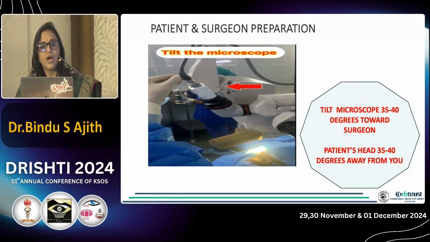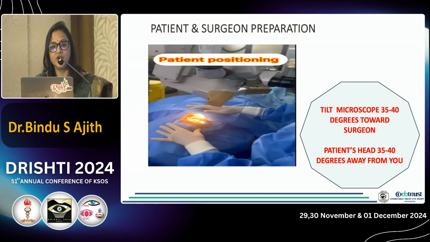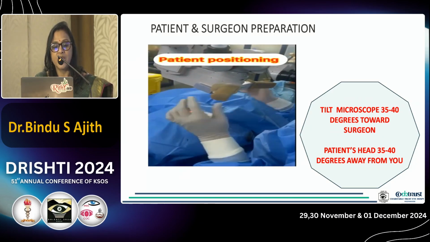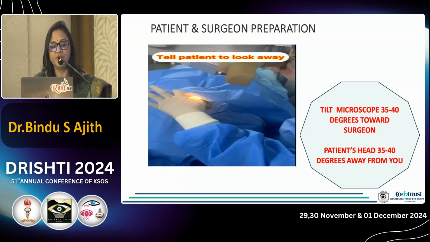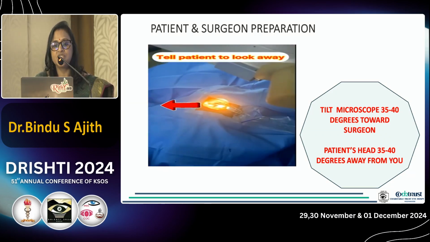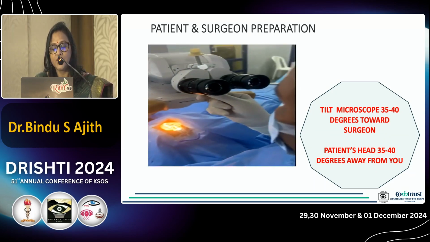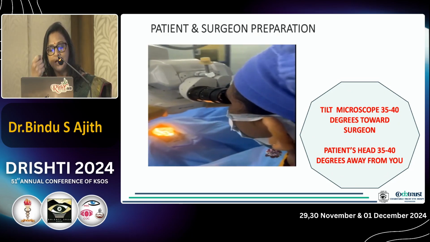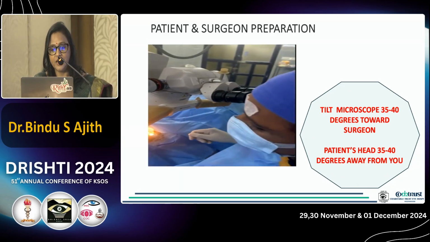You just have to tilt the microscope 30 to 40 degrees towards you and make the patient's head move 30 to 45 degrees away from you, and ask the patient to look away from you. Adjust the microscope so that the light falls properly. And then raise the eyepiece so that you don't have to stoop forward and injure your neck.